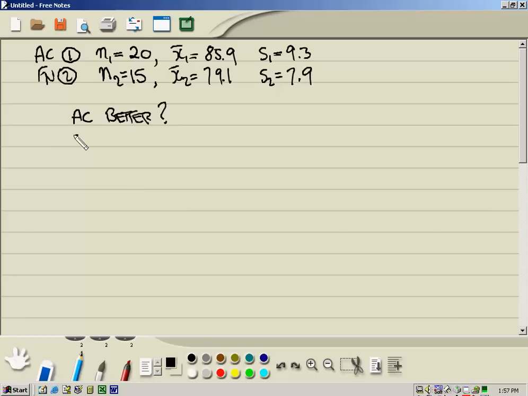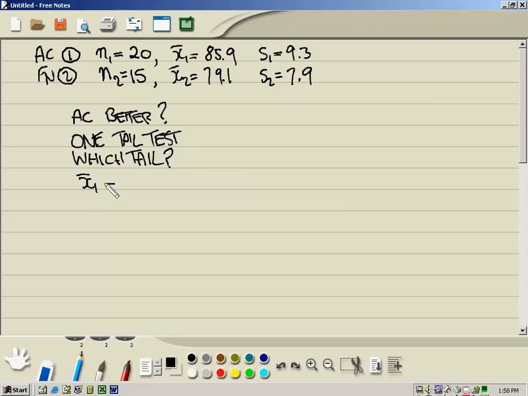Alright, and that's a directional problem, so this is a one-tail test. And so the next step is to figure out which tail. The way to do that is to compare the two sample averages.